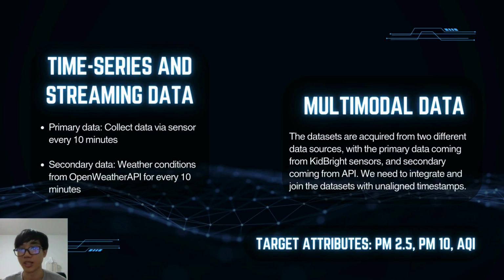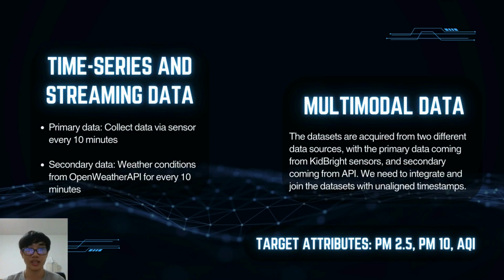Now, multimodal data, of course, because we collect it from two different sources, KidBright and the API, and we somehow need to integrate and join it to make use of it. For example, our primary time series data might be 15, 25, 35. On the other hand, secondary data might be 38, 48, 58.